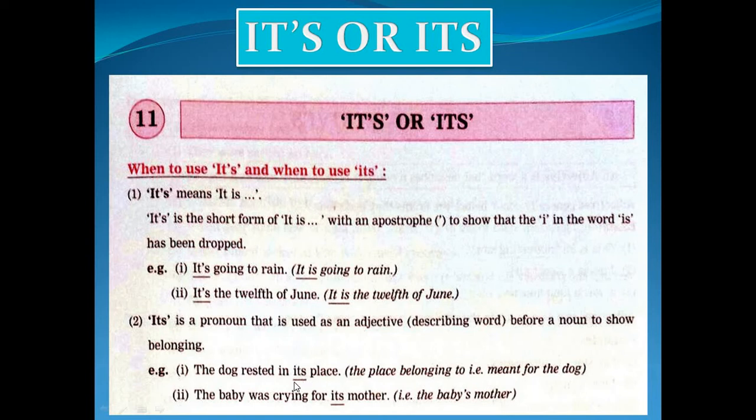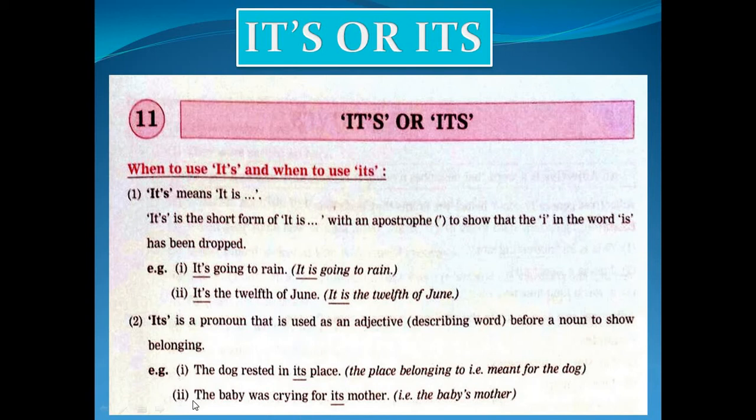So here you have to use simple its without apostrophe s. And what is the noun here? It is told to us, right, that we have to use the simple its before a noun. So place is a noun, and before the noun we have used this its as a pronoun.